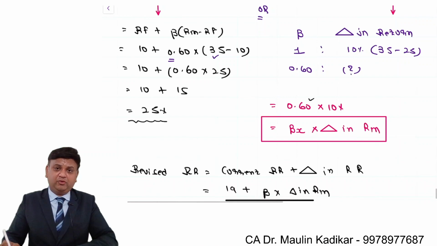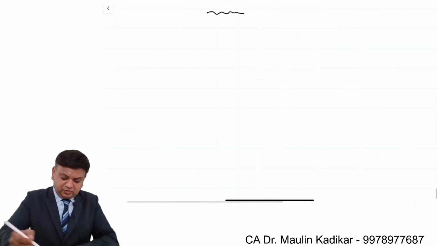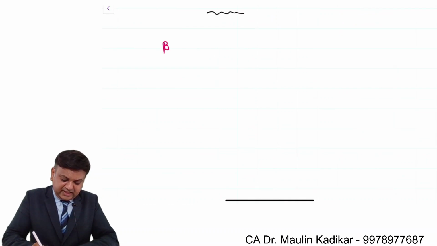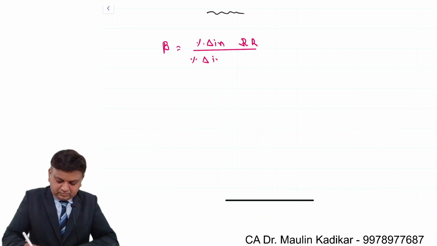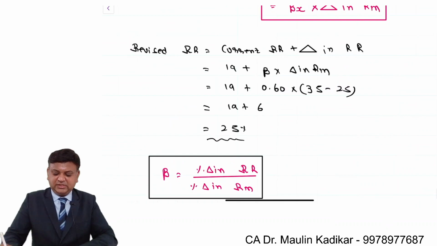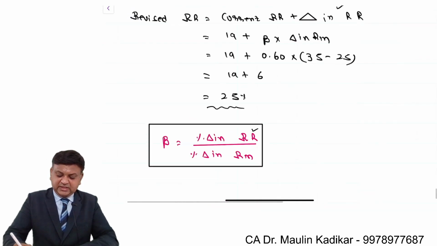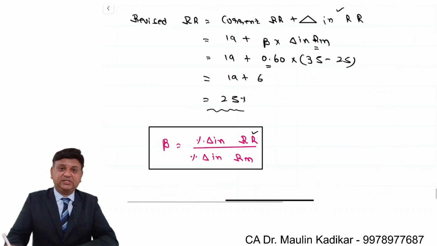However, I wanted to introduce this new formula to you. Beta indicates the percentage change in required rate of return divided by the percentage change in RM. So the percentage change in required rate of return is beta into percentage change in RM.